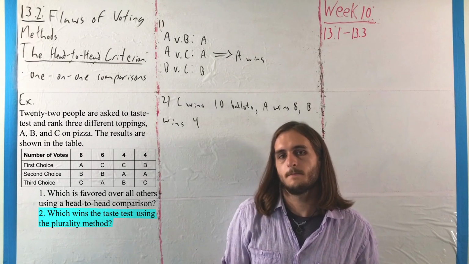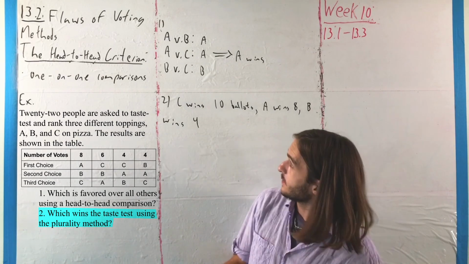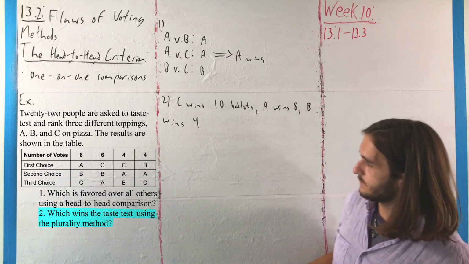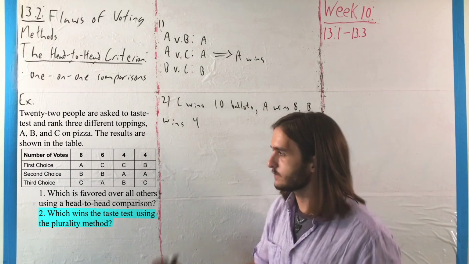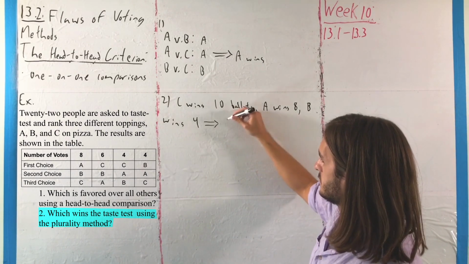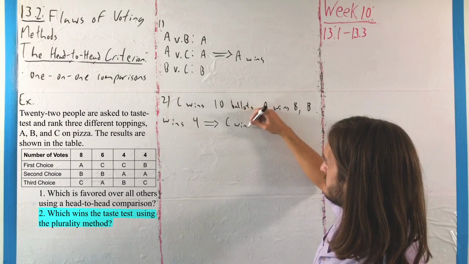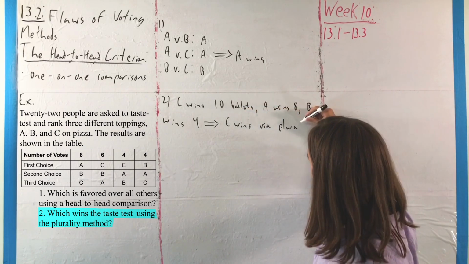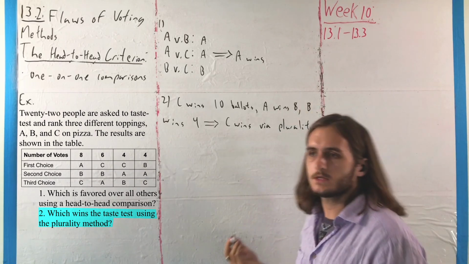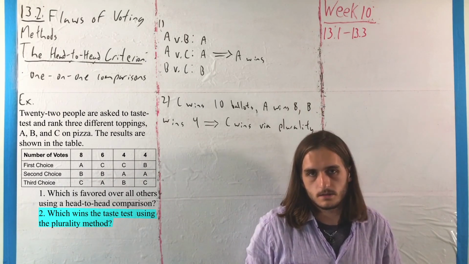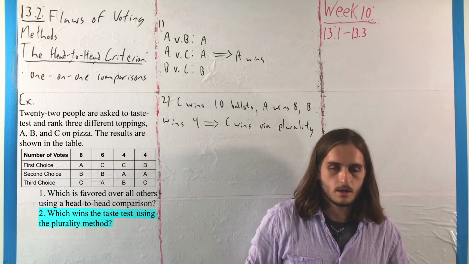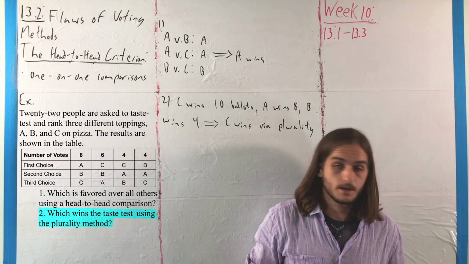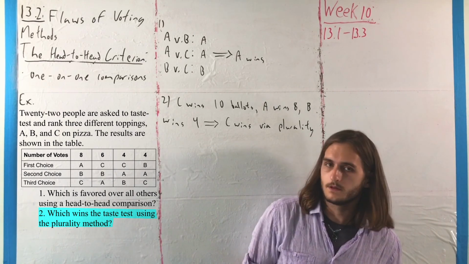So in this case, despite the fact that it lost both of the head-to-head comparisons that were made with it, C would win via a plurality vote, via the simplest vote possible, because it got the most votes cast. It got, well, not the majority, but it got the plurality of the votes cast.